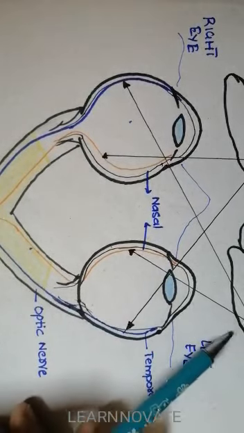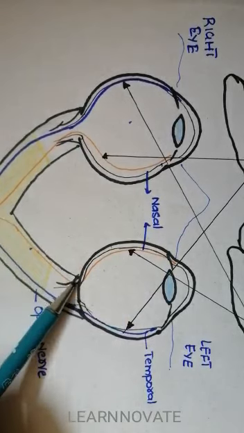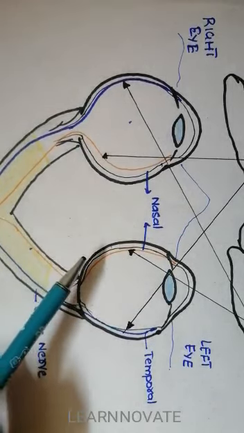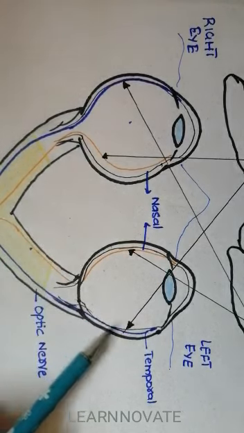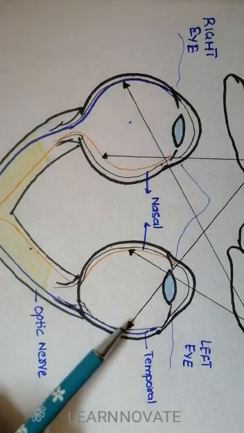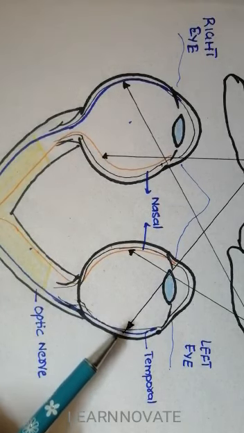This happened at the level of the cerebrum and at the level of the optic chiasma, when these nasal signals of the same eye cross and come on the opposite side, while the temporal signal has come on the opposite side at the time the visual cortex was giving the signal towards the eye.